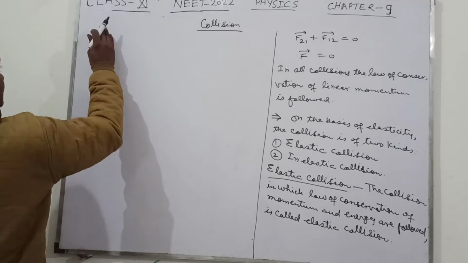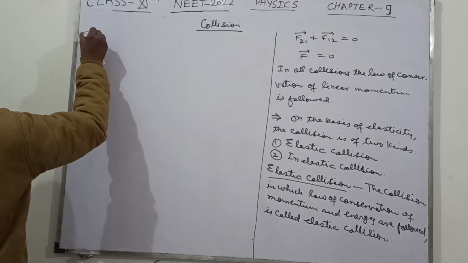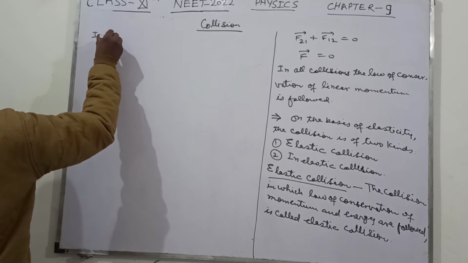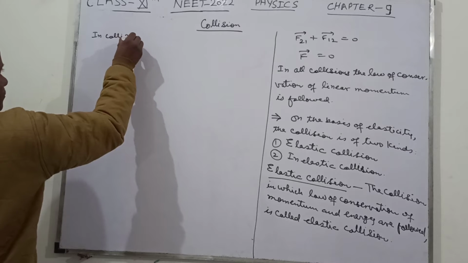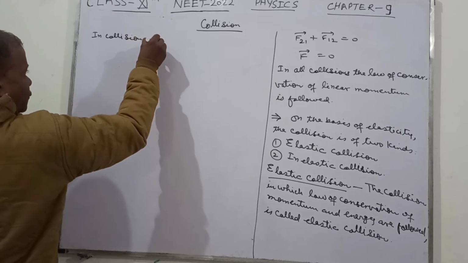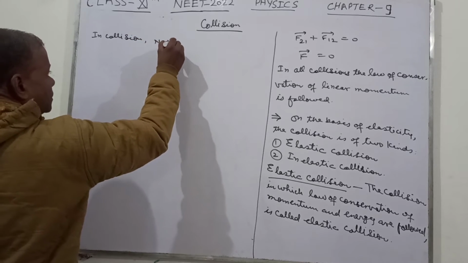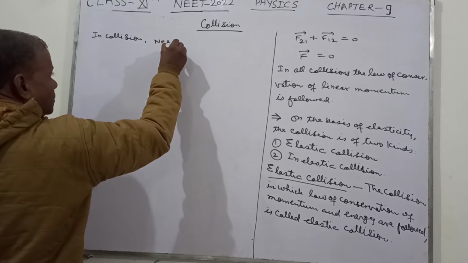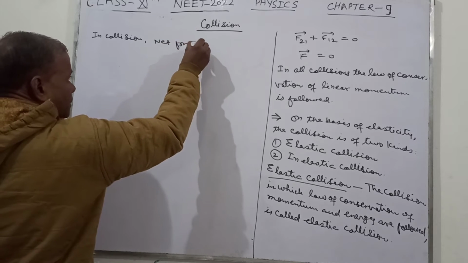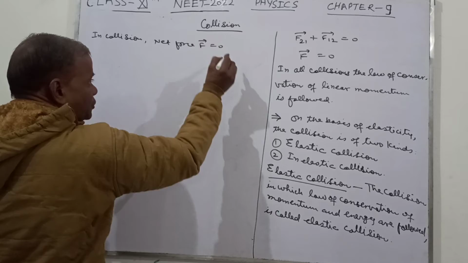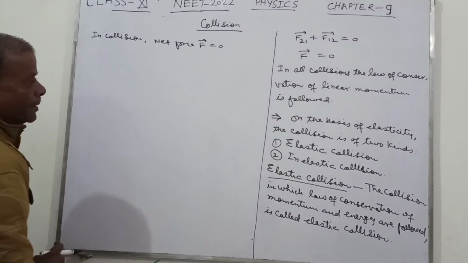So in collision, the net force F is equal to 0, as I have told you here.